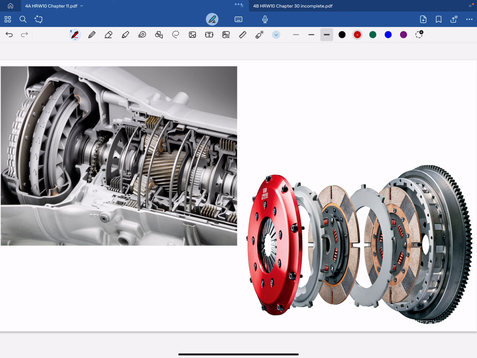I want to show you how the direction of angular momentum is conserved. Physics demo only. Well, I'm doing a physics demo. Do not try this at home.